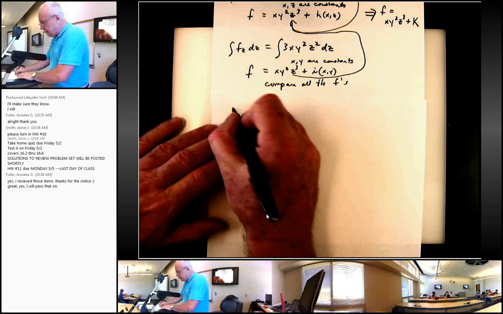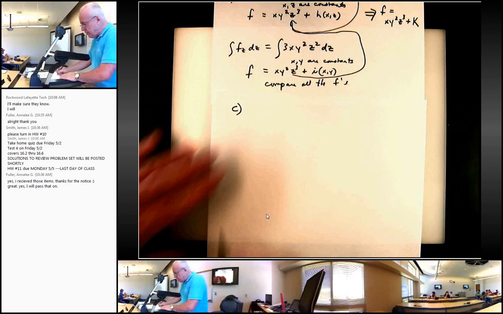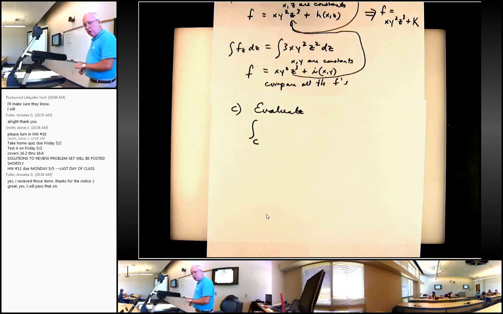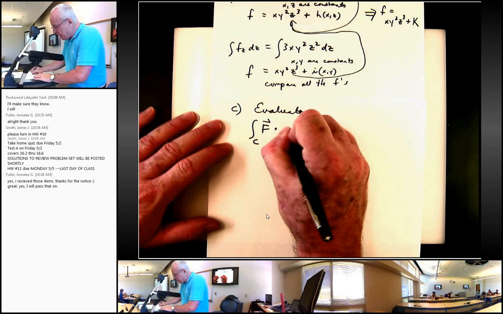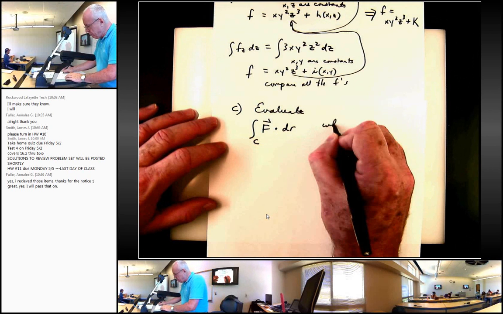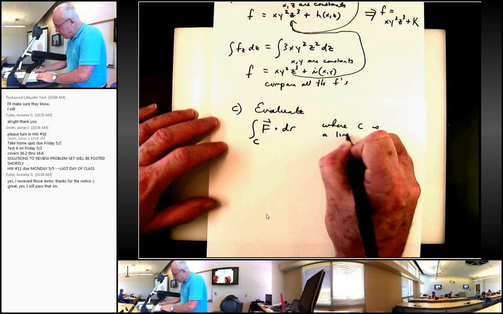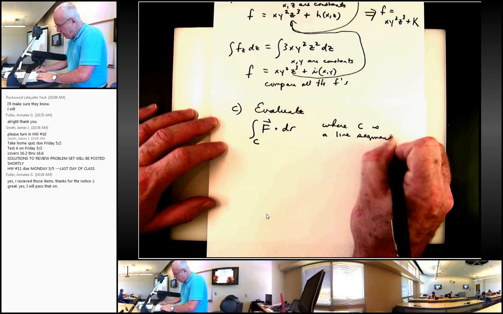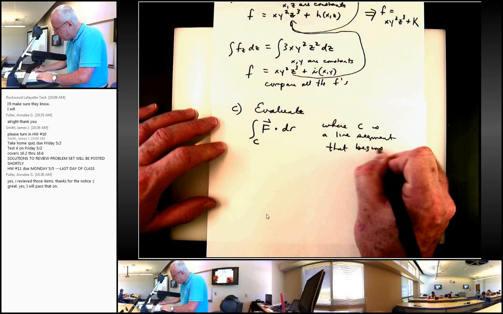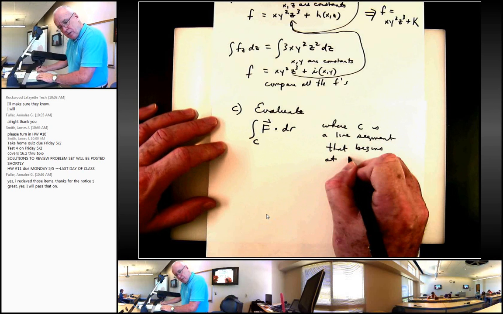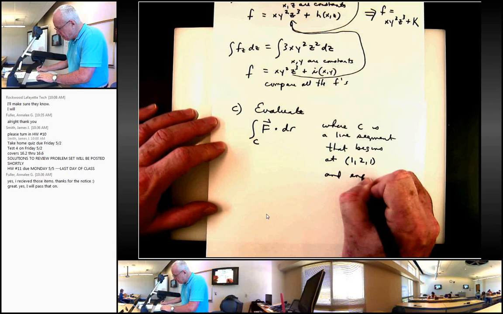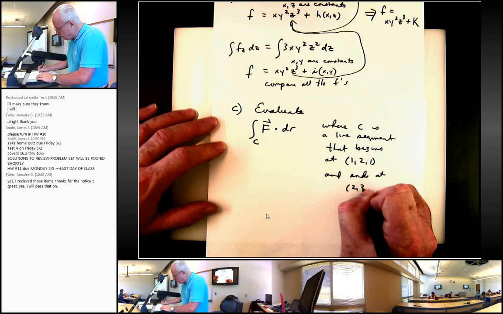Part 3, letter C, is: evaluate the line integral on the curve C of F dot dr, where C is a line segment that begins at the coordinates (1, 2, 1) and ends at the coordinates (2, 3, 1).